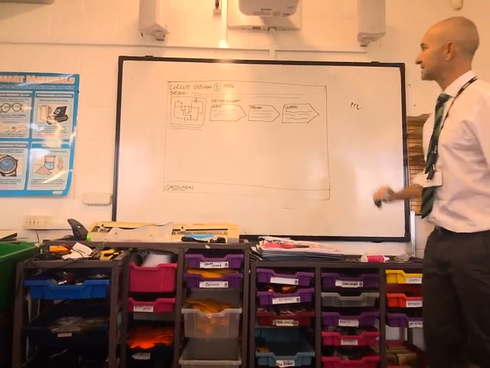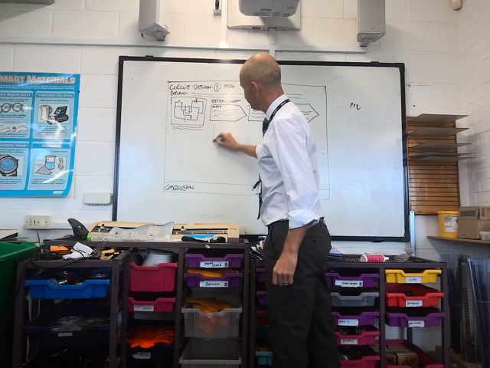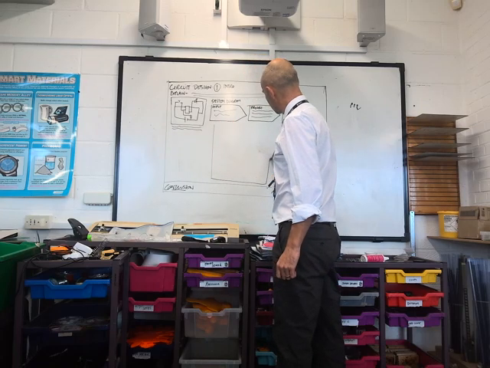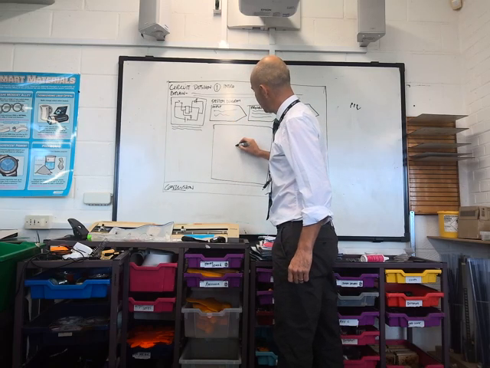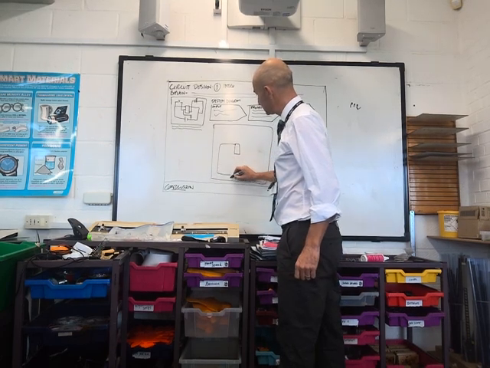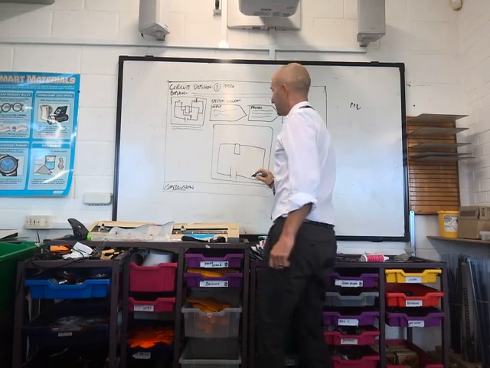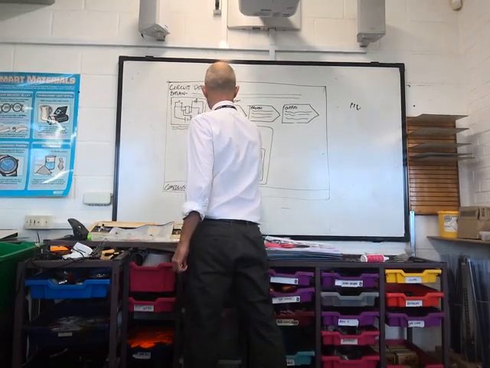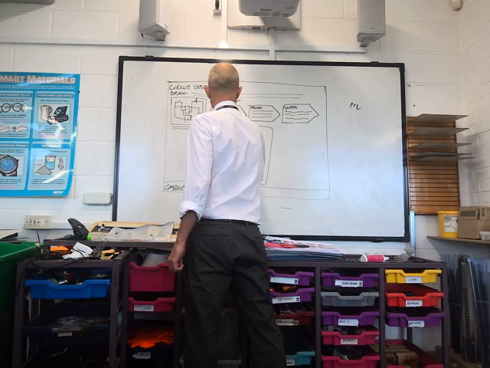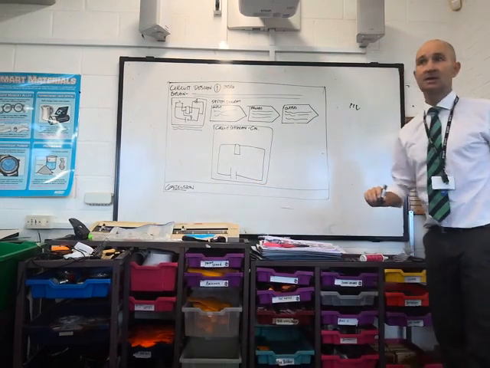Right. Next up is the bit that you'll be more familiar with, in the middle here on Circuit Wizard. I want you to create a working circuit diagram. I've got CW down there, yeah? Circuit Wizard.